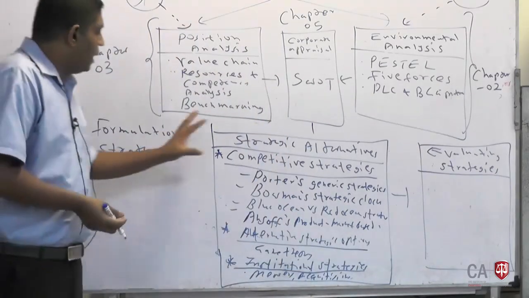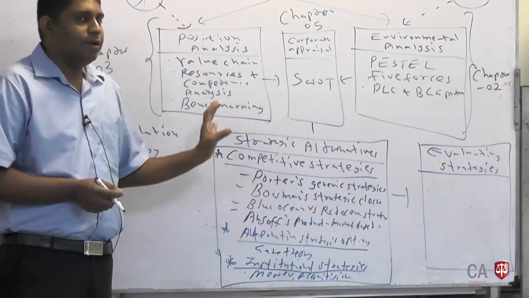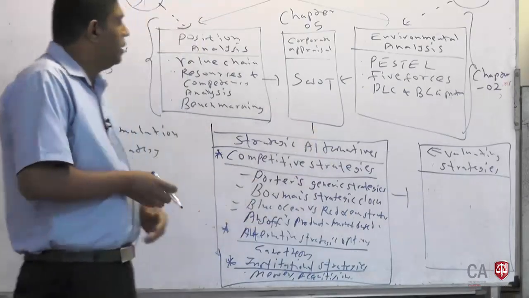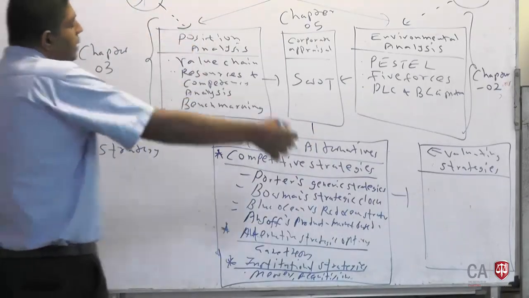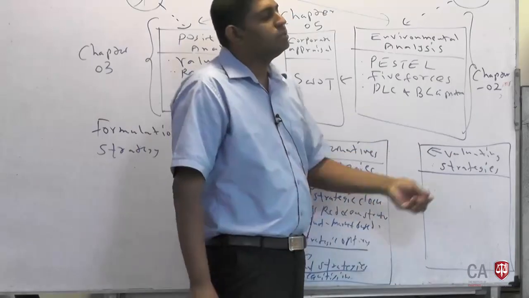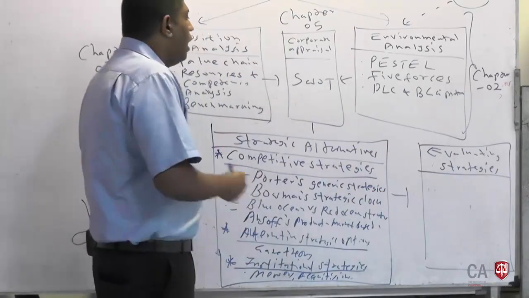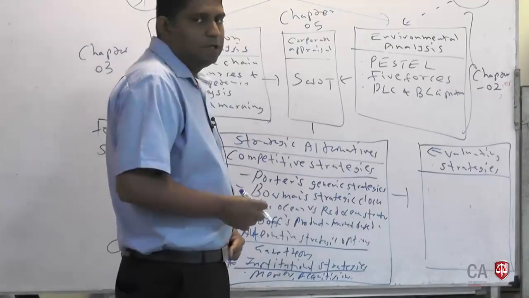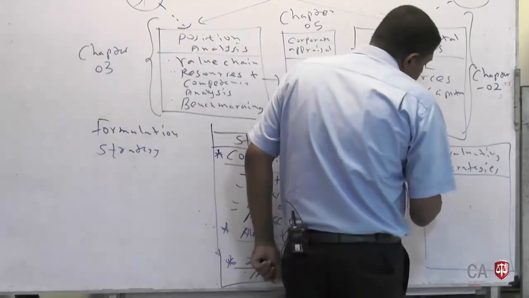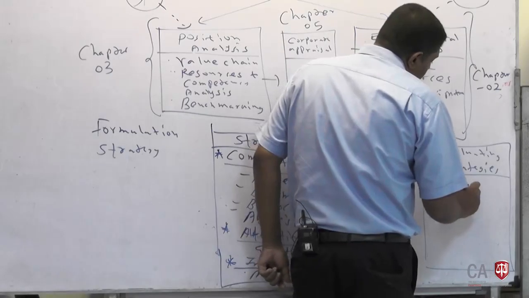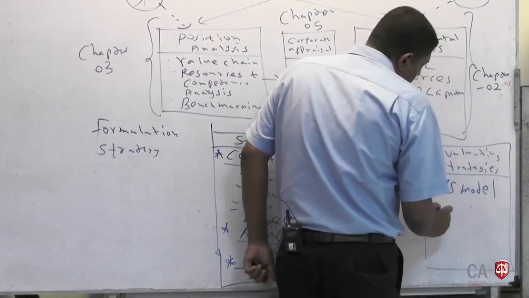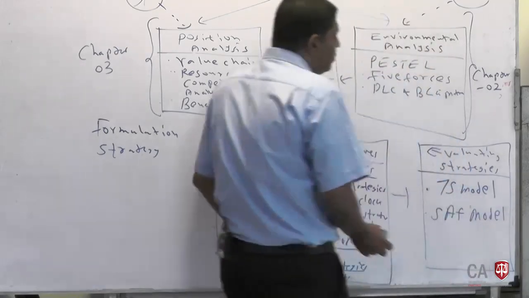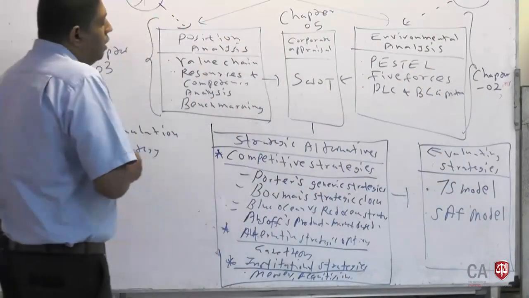So, we try to identify different strategic alternatives an organization can apply in practice. Then the next thing is how to select the best strategy. That will be identified under the evaluation of strategy part. Your syllabus has suggested two models for this purpose: the 7S model and the SAFE model.